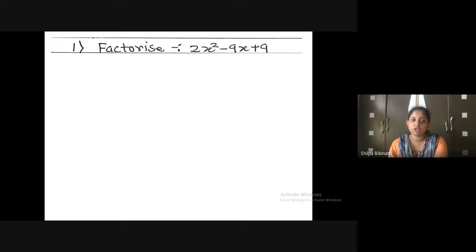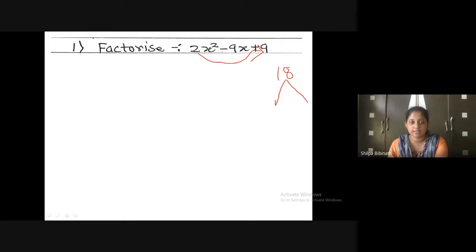How are you going to solve? First term into last term. So 2 into 9 is how much? 18. 9 is positive, so here it is positive 18. Find the factors of 18 such that when you add or subtract, you should get 9 as the answer. Actually, you should get minus 9.